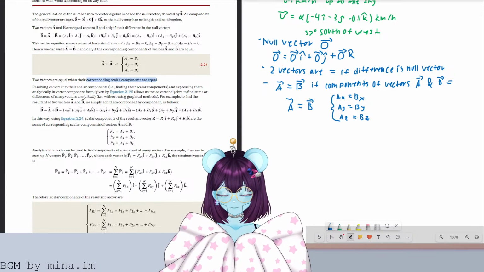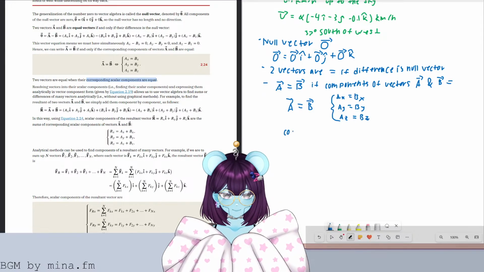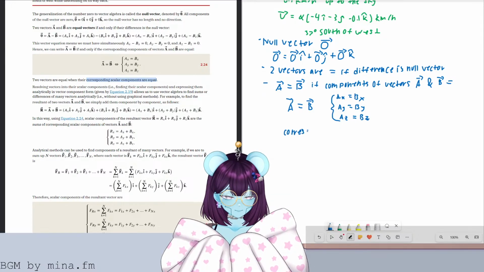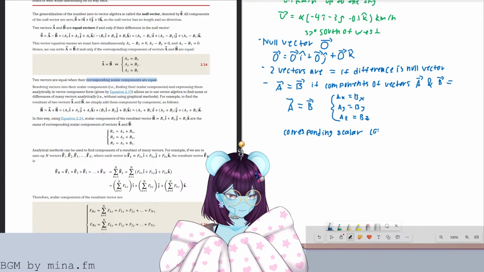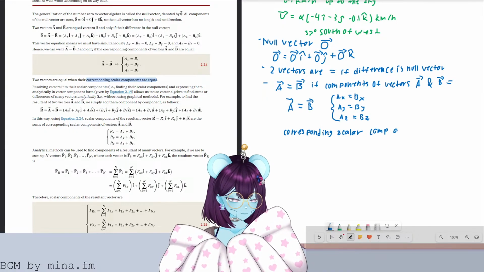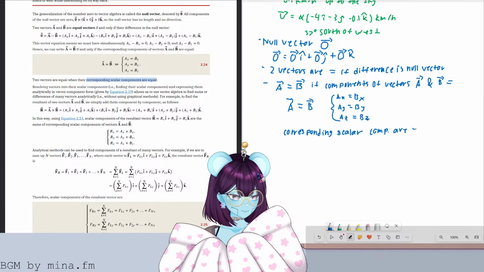So, corresponding scalar components have to be equal as well. I'm going to abbreviate that, are equal.